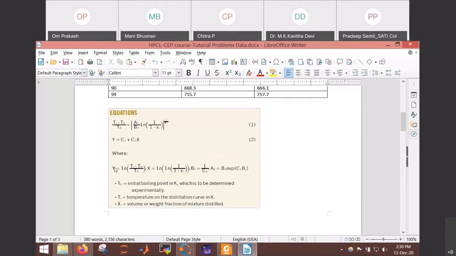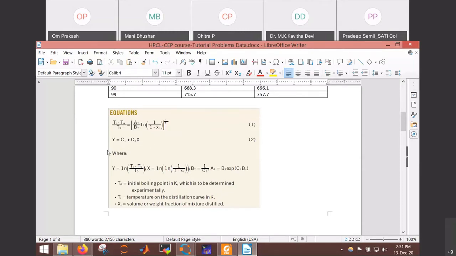And x, my predictor, is a function of my volume fraction, which is ln of 1 upon 1 minus xi. If we convert my volume fraction and my true boiling point in this way, then from the paper we know that they follow this linear relation, y equal to c1 plus c2x.